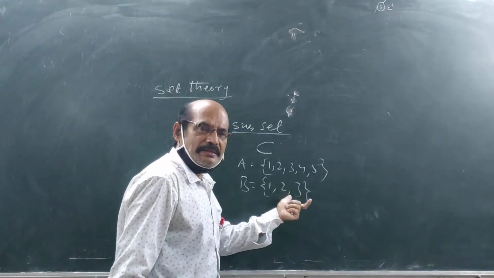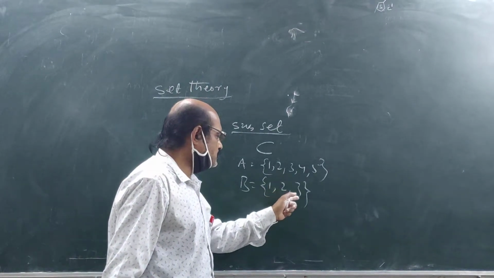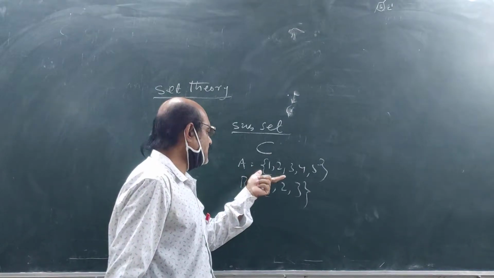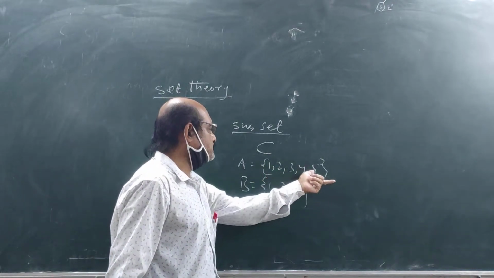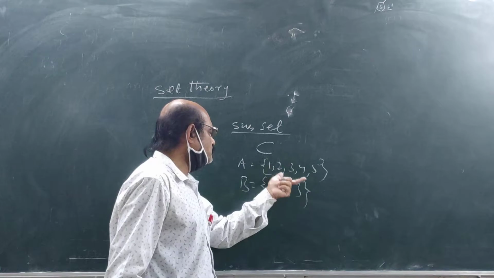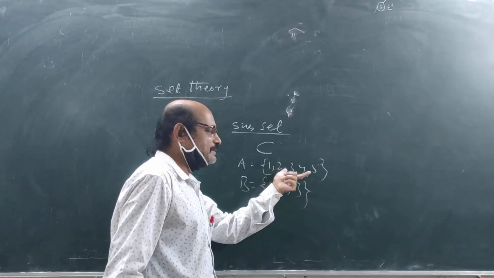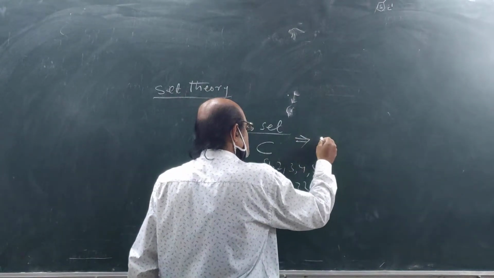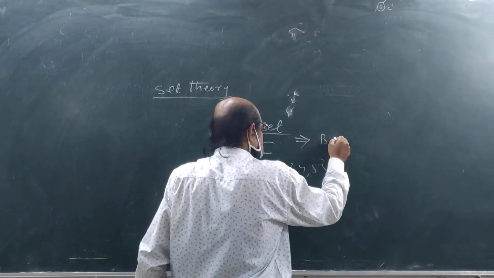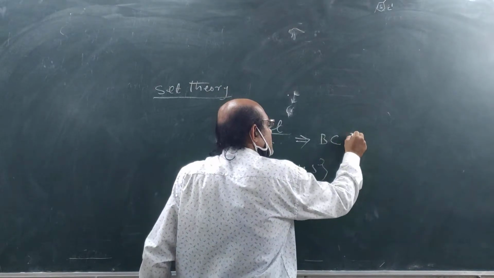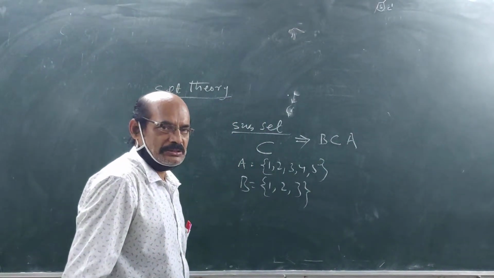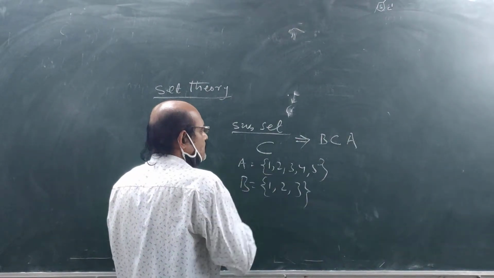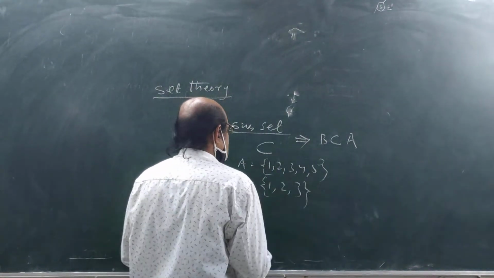All the elements of B, that means 1, 2, 3, are present in the set A. Every element is present in the set A. So that implies B is a subset of A. This is all about the subset.